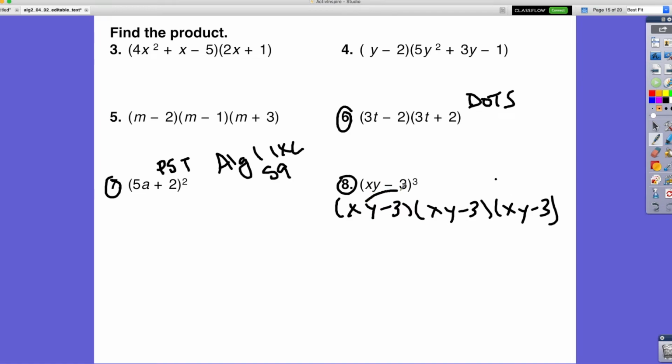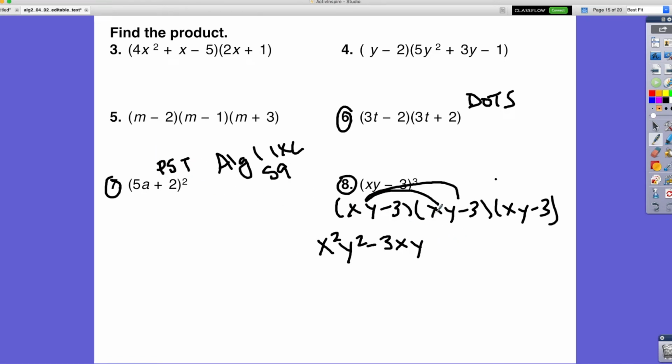So what is xy times xy? X squared y squared. What is xy times negative 3? Negative 3xy. If you notice, these two together are actually a perfect square trinomial.